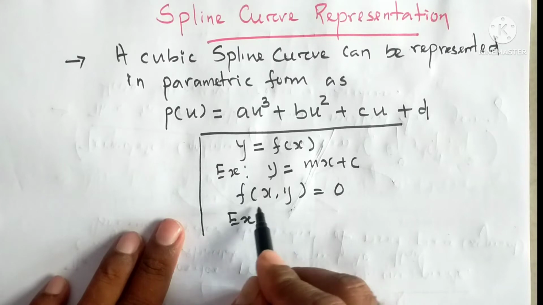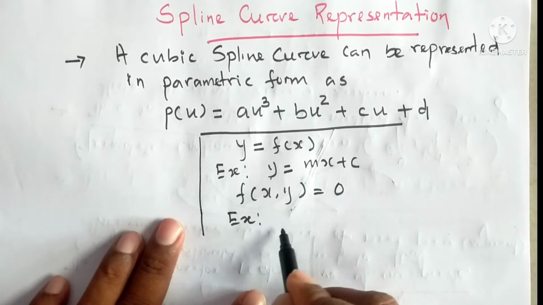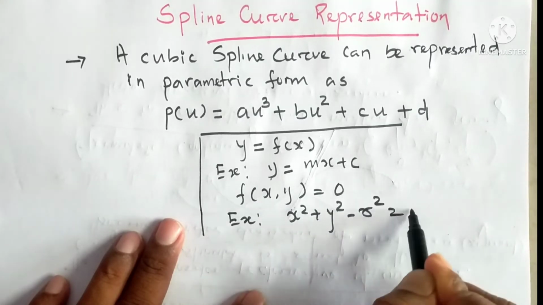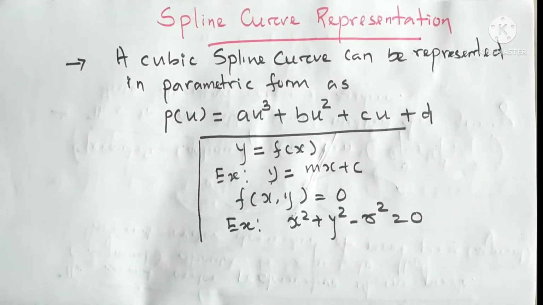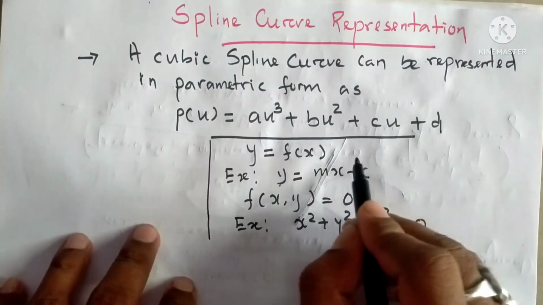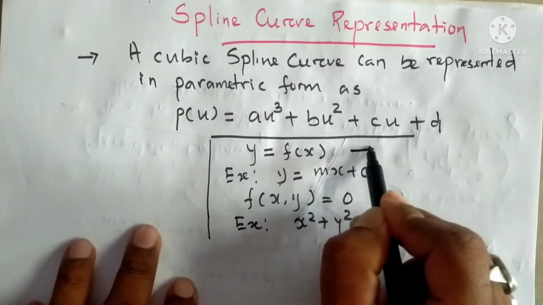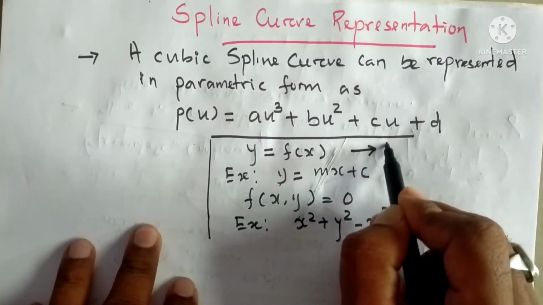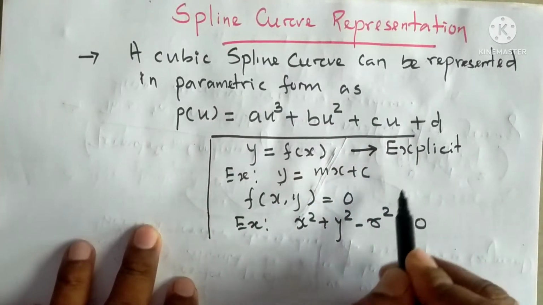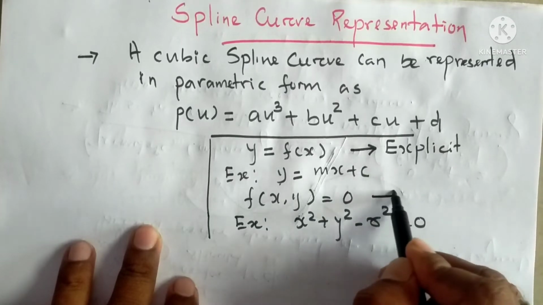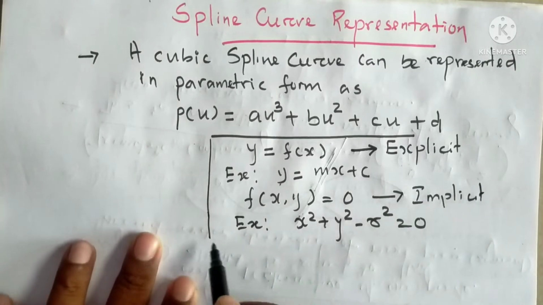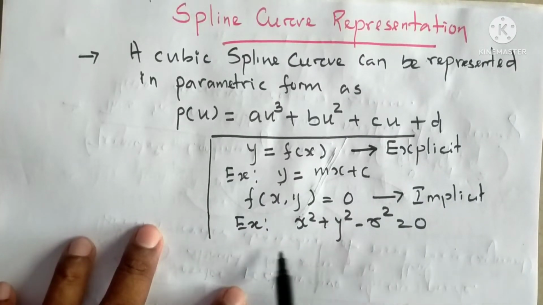In that case, you represent it as f of x, y equals 0, like x square plus y square minus r square equals 0. So this one is representing a line using the explicit approach. This one is called the implicit way of representing the curve, and there is another approach that is called the parametric.